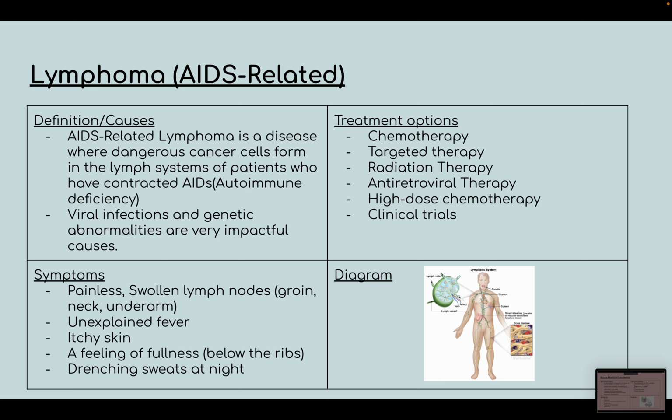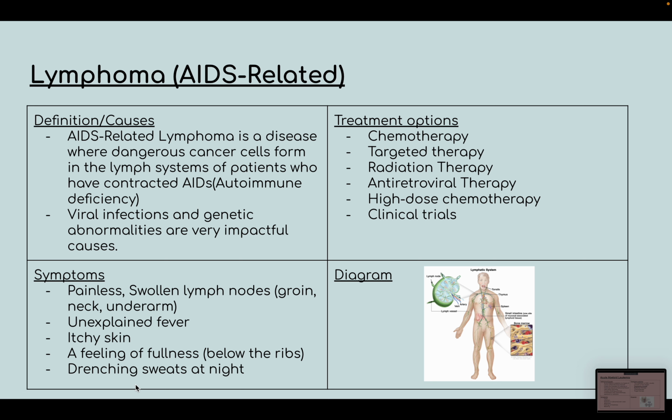And just like AIDS, viral infections, mostly stemming from sexual contact, and genetic abnormalities are also factors that can increase one's likelihood of contracting that disease.